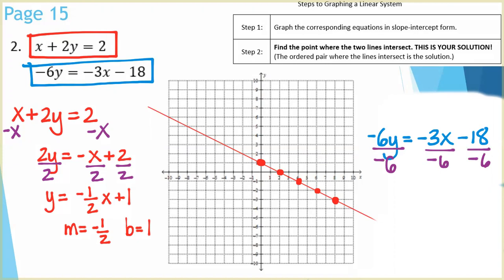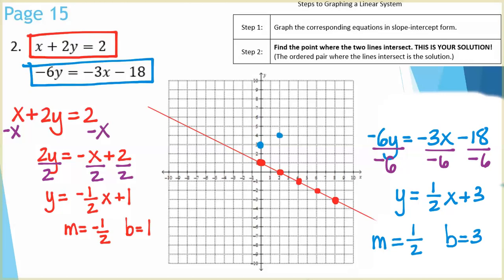And we get y equals +1/2 x plus 3. So our slope is 1/2, and our y-intercept is 3. So we'll put our point at 3. Then we're going to go up 1 to the right 2, up 1 to the right 2, up 1 to the right 2, and let's draw our line.